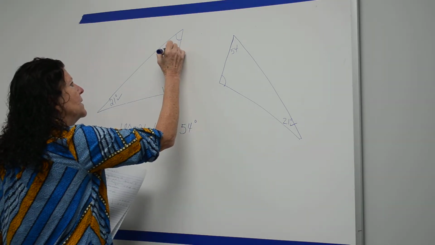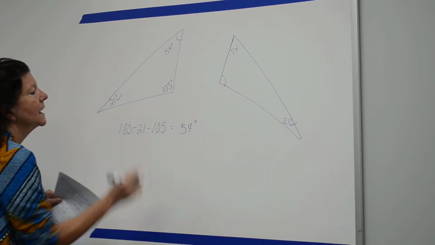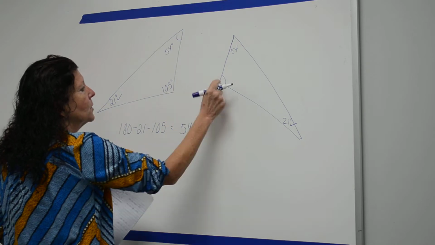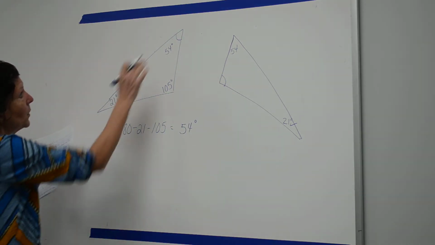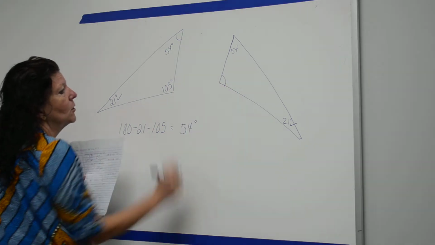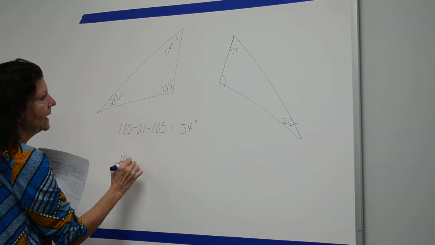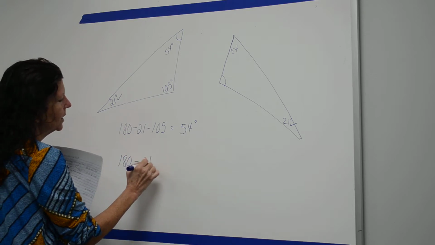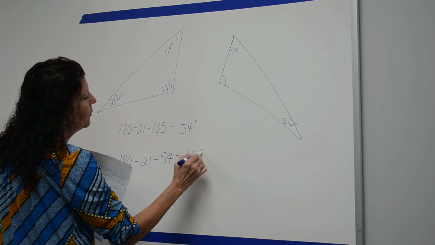Then I want to find this angle. Now see, I've got a congruency mark on those two angles. So this angle would have to be congruent to that angle. Well, I come over here, 180 minus 21 minus 54 is going to give me 105.